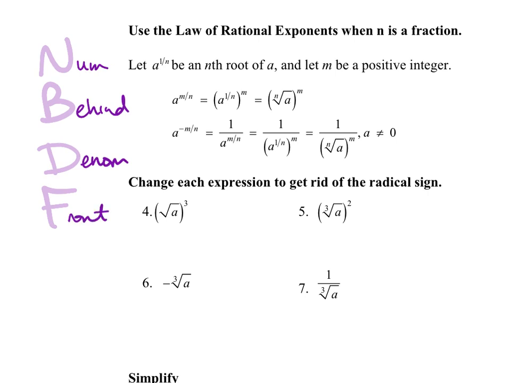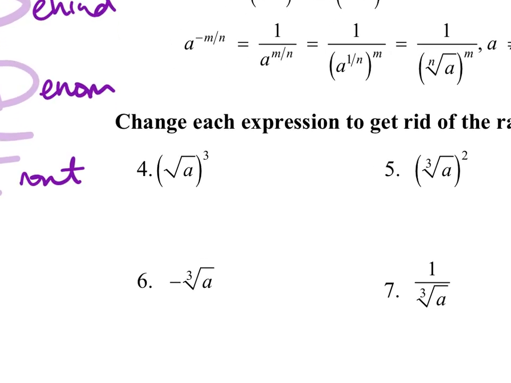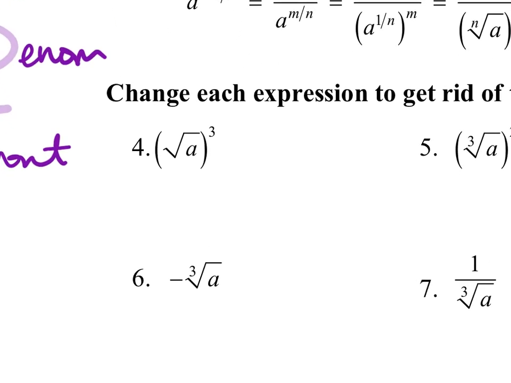The questions here say to change each expression to get rid of the radical sign. So we want to write it in fraction exponent form, which means we just need to know the numerator and the denominator. Okay. For this one, the base stays the same. So the a value is never going to change. I'm going to leave this as a.